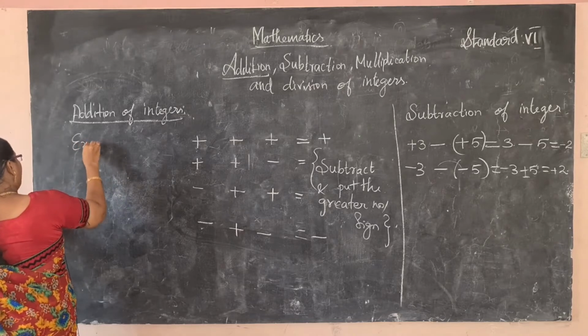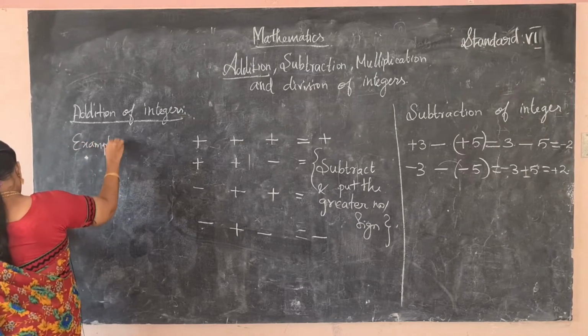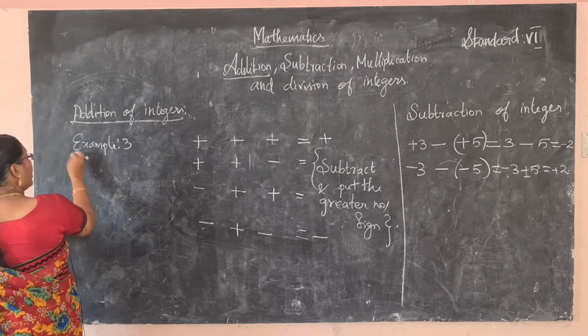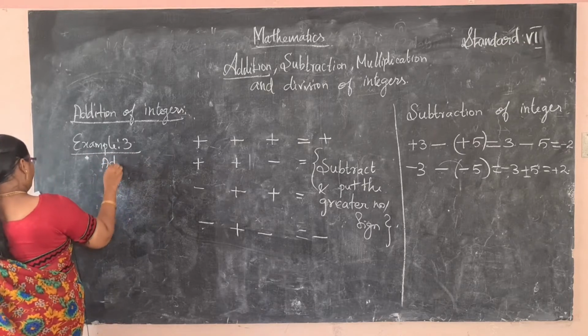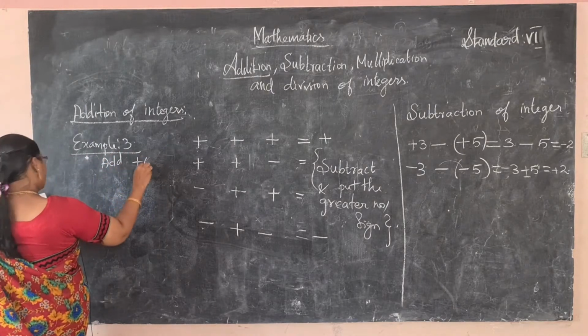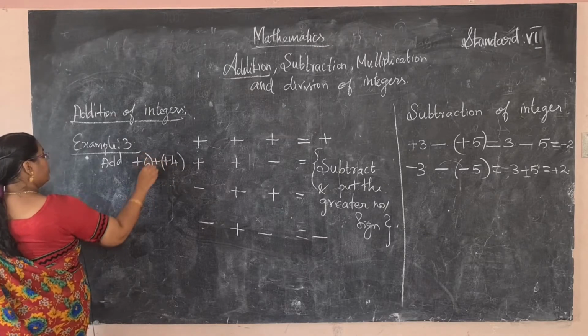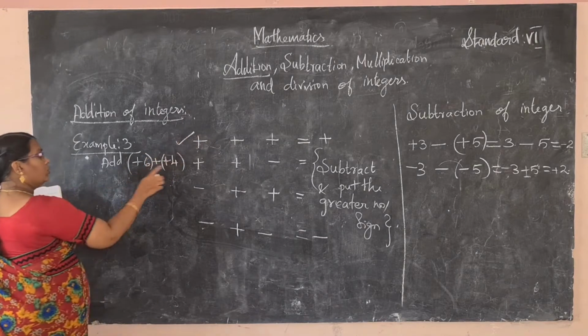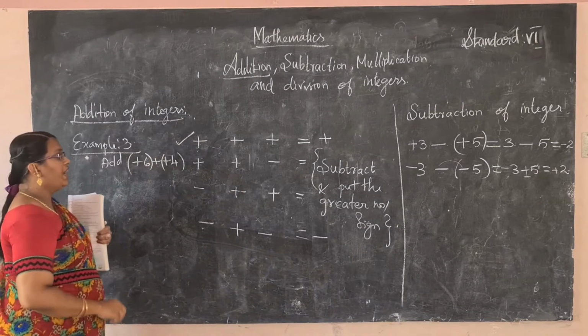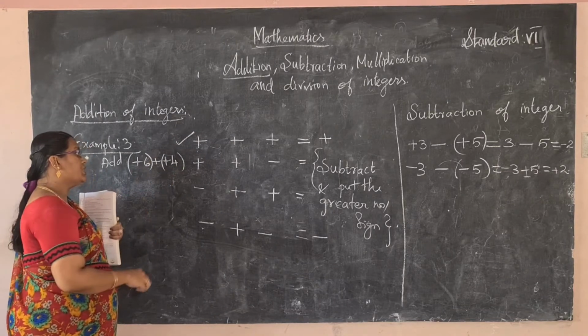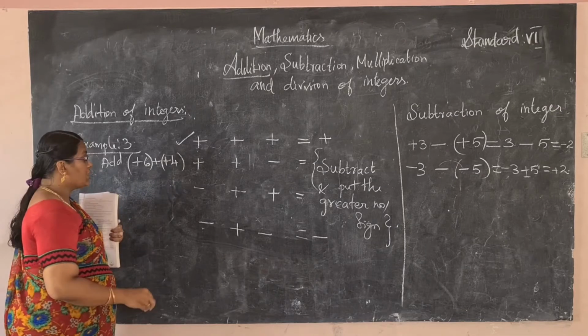Example 3. Add plus 6 and plus 4. The first one has two positive integers. Plus 6 is positive and plus 4 is also a positive integer.